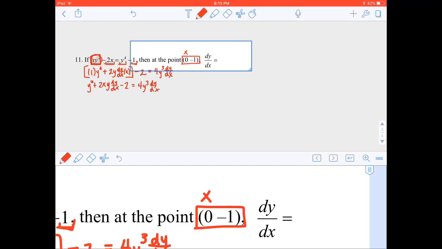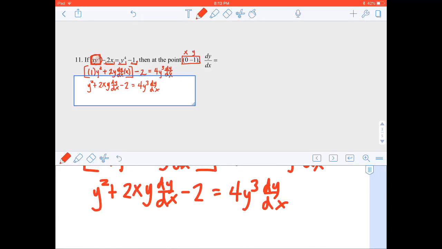So 0 is the x value, -1 is the y value, and then solve for dy over dx. But I actually want to just practice solving for dy over dx, since it is something that you have to do, like in the last problem that we did.